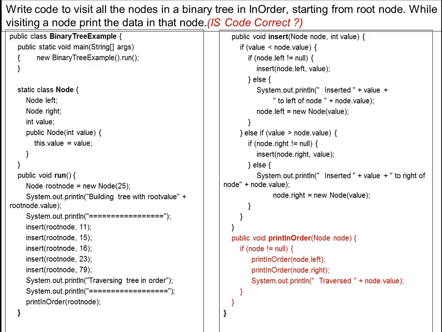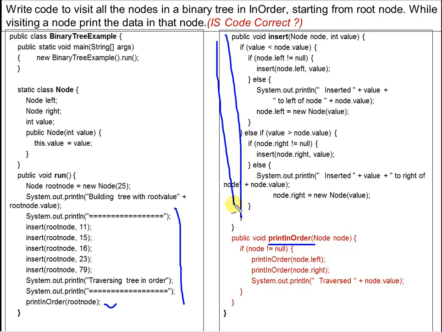In this code, just to understand, here I am creating the tree by inserting the root node, and then I am calling print in order, which is this method, to print the nodes in order. This is nothing but just to add the node in the tree.